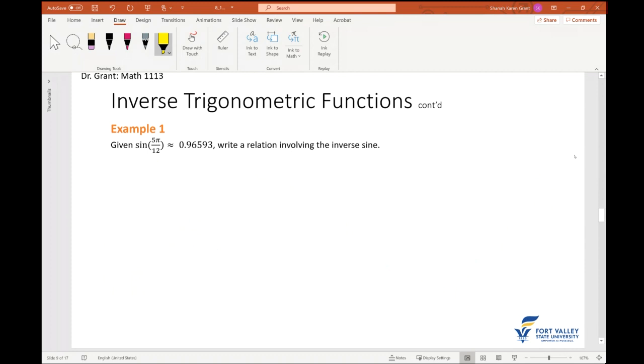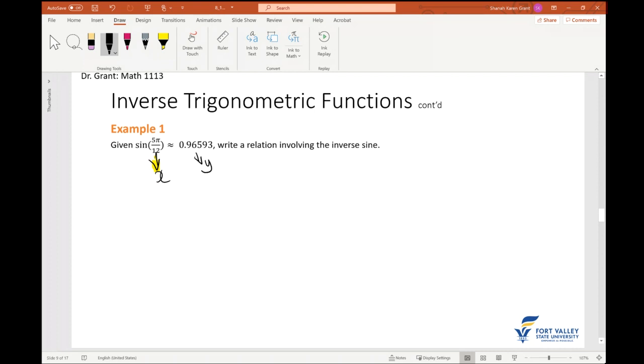Alrighty, so let's say we're given that sine of 5 pi over 12 is approximately 0.96593. We want to write a relation of its inverse. Well, in this instance, this is my x, and this is my y.